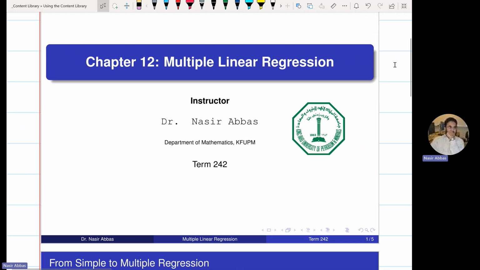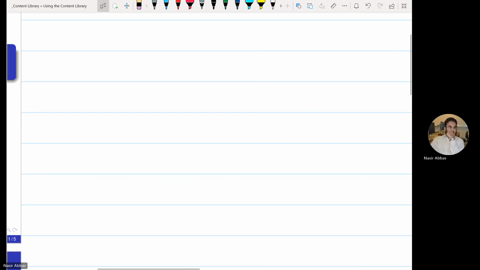So before I go into the slides, let me first make a map for you where I will keep chapter 11 on one side and then I will make a similar map of chapter 12 for you, which is on the other side. You'll be able to link the two of them.